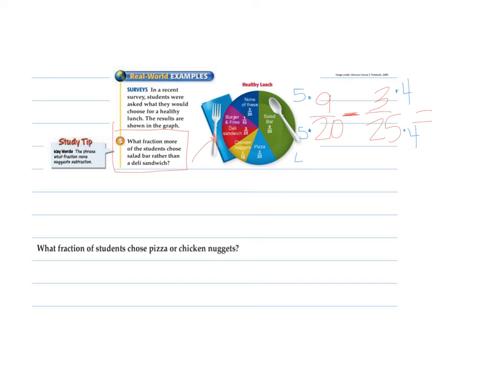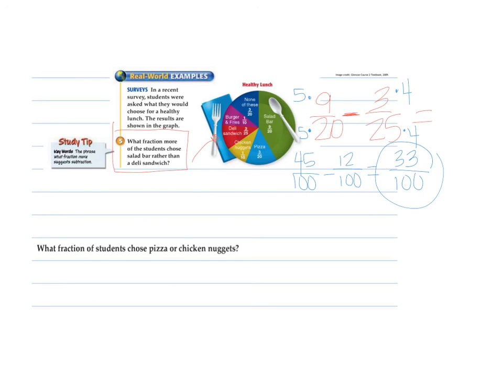So let's rewrite it. 45/100ths minus 12/100ths. 45 minus 12, so 45 minus 10 is 35, minus 2 is 33 over 100. That's in simplest form, so 33/100ths.